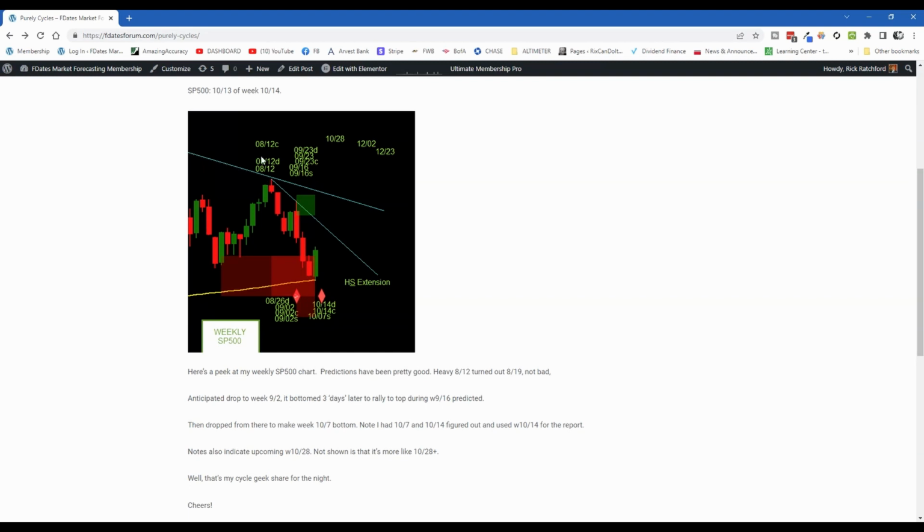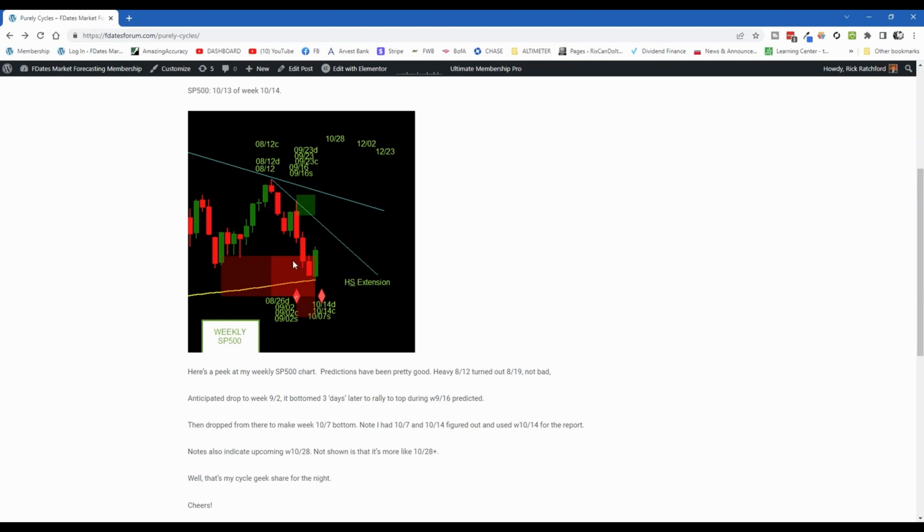Not bad. Okay, so it's only 1 bar off. With cycle analysis, you cannot be expecting perfect. Those who expect perfect are living in la-la land. To be within a bar is good enough.